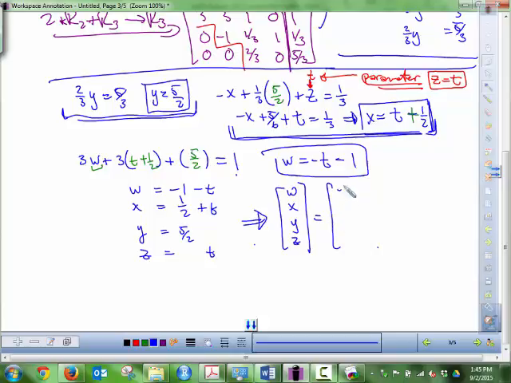That would be a -1, a 1/2, a 5/2, and a 0. So that's one vector plus t times, and then the direction vector for this line in four-dimensional space would be the coefficients of t. I have a -1, a +1, a 0, and then a +1. So this is my solution set.